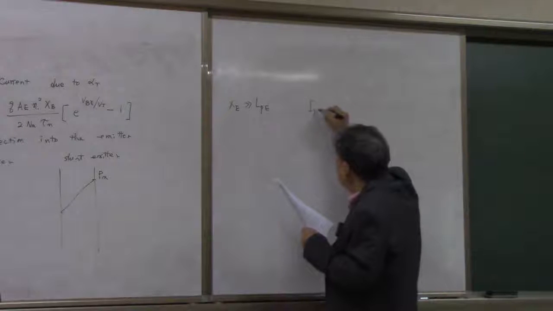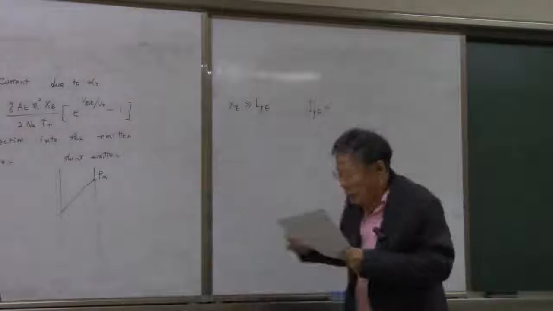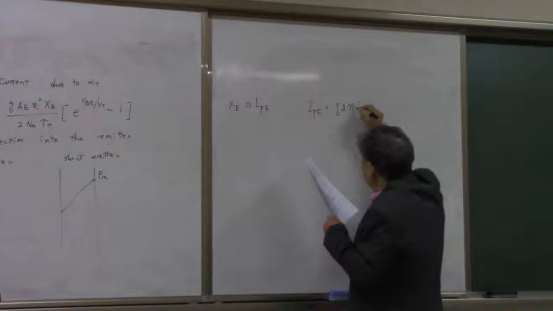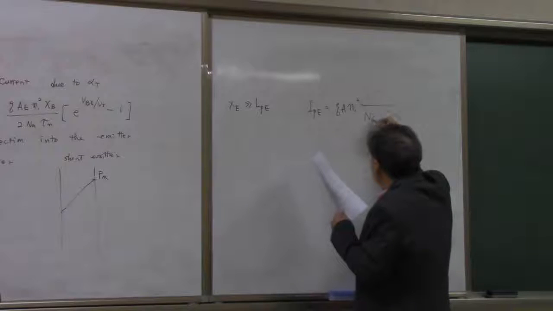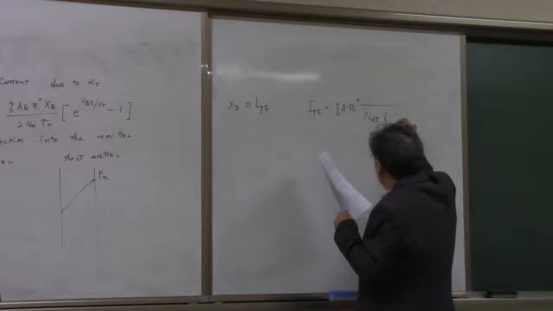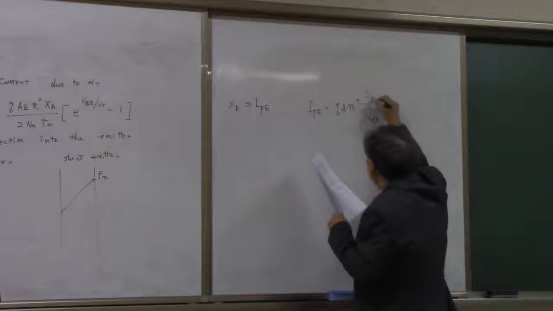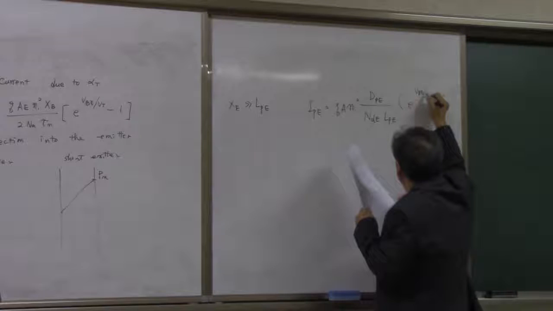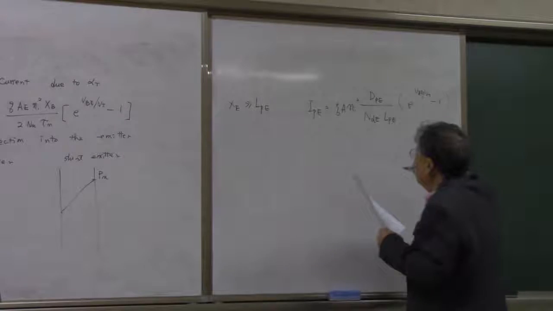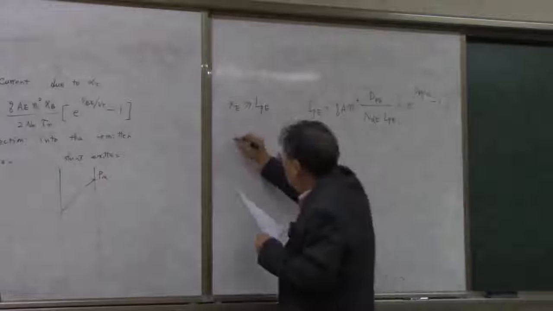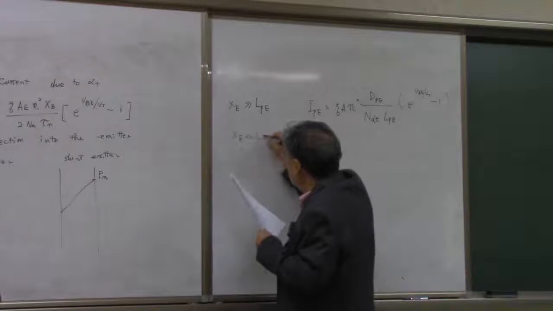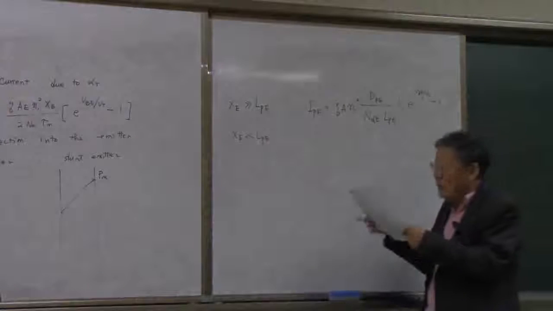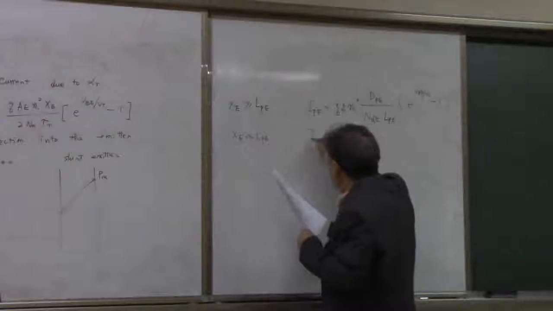Then the solution for the injected hole current is going to be q A ni square D emitter over LP emitter times ND emitter, e to the VBE over VT minus 1.